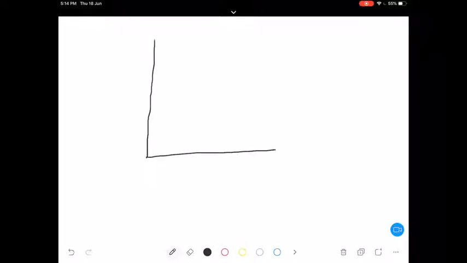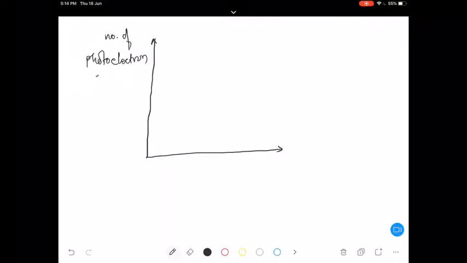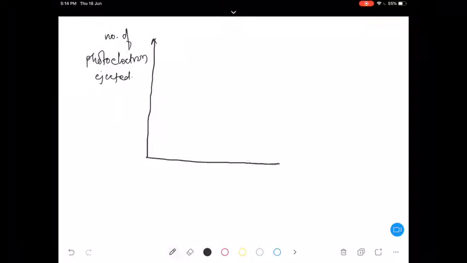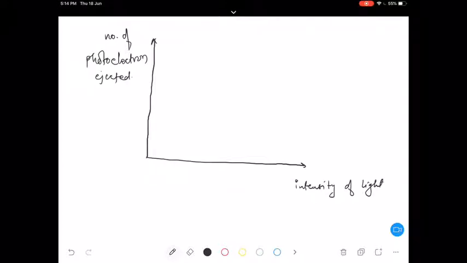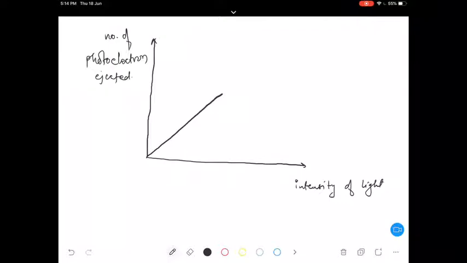Next one. But number of photoelectrons, here if I take number of photoelectrons ejected versus intensity of light, as this intensity increases, the number of photoelectrons ejected will also increase.